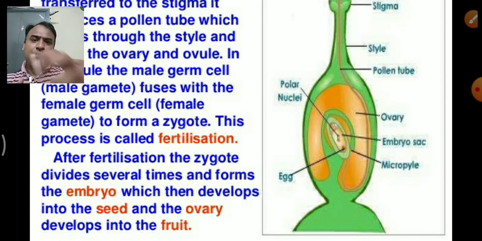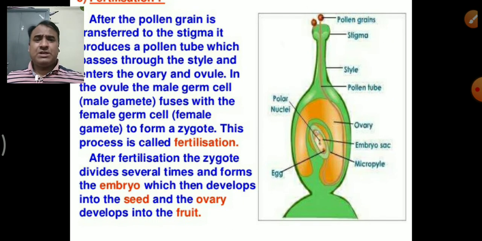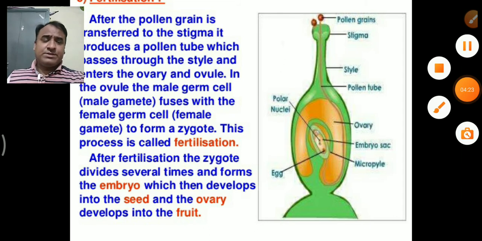What is endosperm? Endosperm is a layer, a structure surrounding the zygote that provides nutrition to the developing zygote. Clear? So this is all about fertilization in plants. That's why it is called double fertilization. The products of double fertilization are first the zygote and second the endosperm.